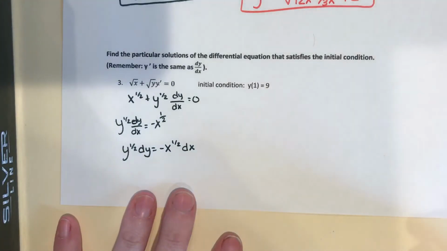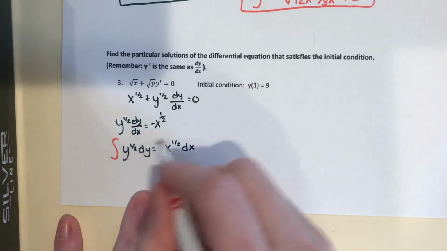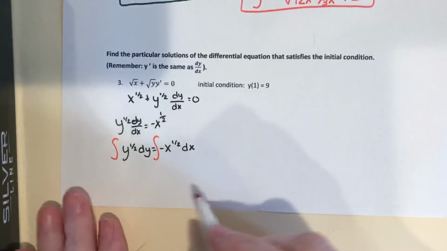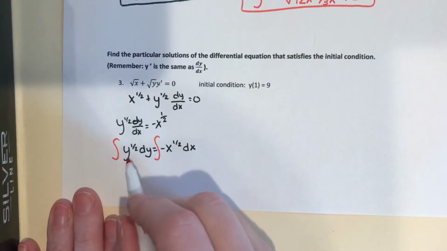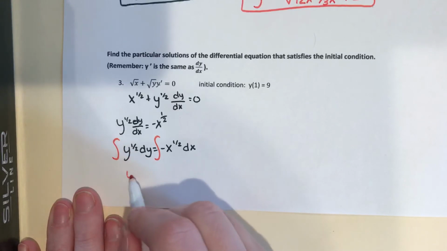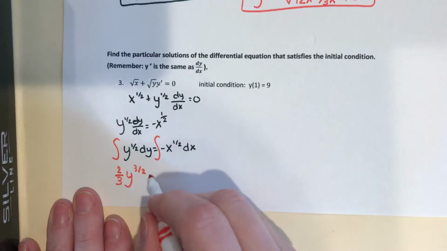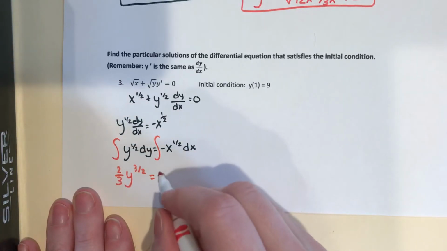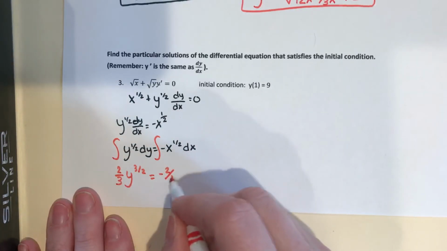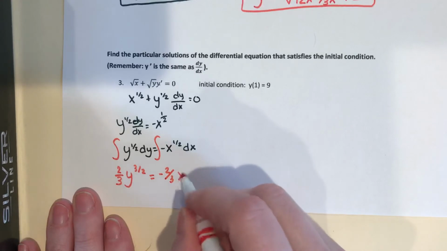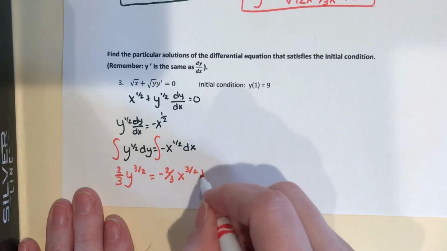So I've separated my variables. Next, I'm going to take the integral of both sides. So I'm going to add and divide. So 1/2 plus 1 is 3/2. So 2/3 is going to go out in front. Same thing over here, but that's negative 2/3 x to the 3/2 plus c.